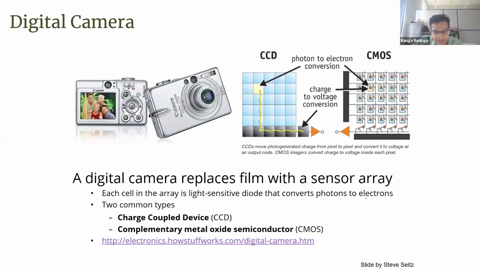So then let's look at the digital sensors. Earlier, the digital sensors used to be CCD sensors. Now they are mostly CMOS sensors. A digital camera replaces film with a sensor array. So, charge coupled device CCD, complementary metal oxide semiconductor CMOS.